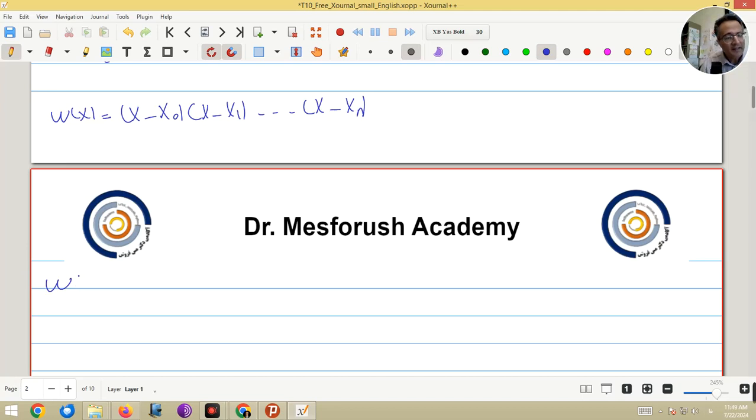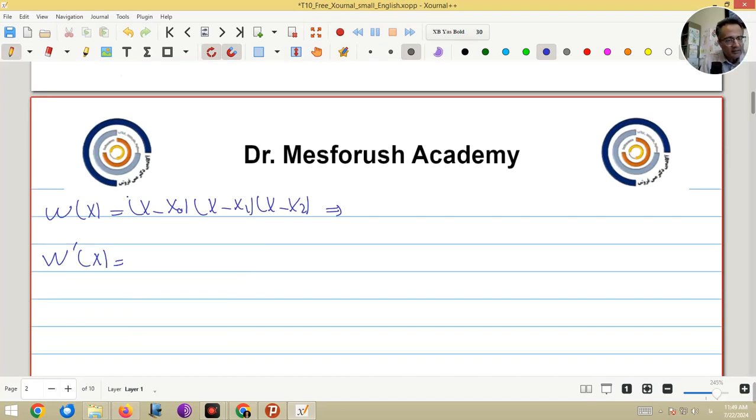So let me consider w of x equal to x minus x0 times x minus x1 times x minus x2. Okay, and let me compute w prime of x. It's easy, we just have to compute the derivative of these 3 parentheses multiplied by each other.